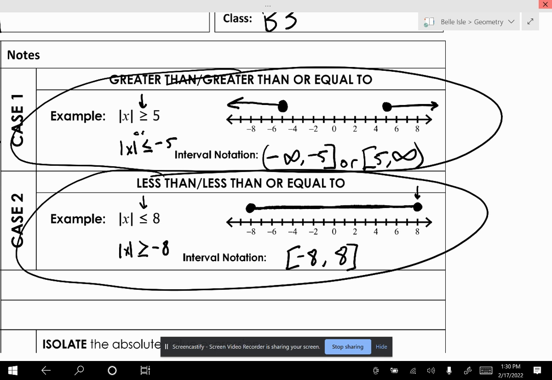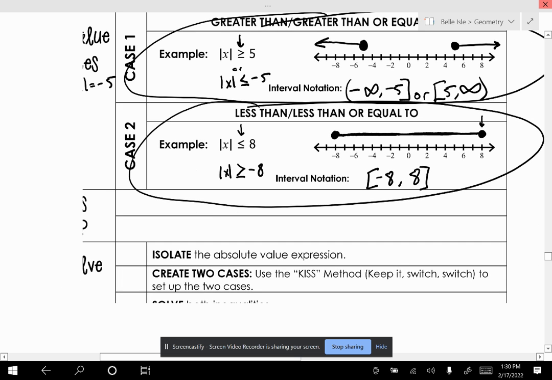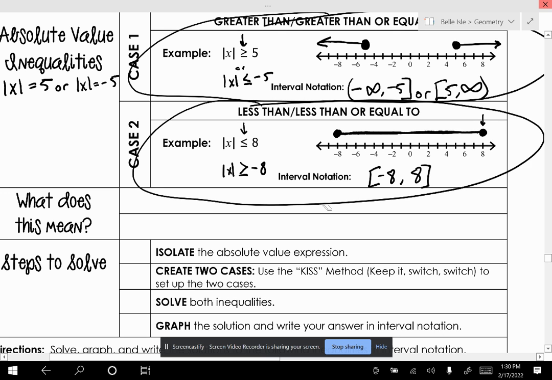Okay? So, right here, what does this mean?